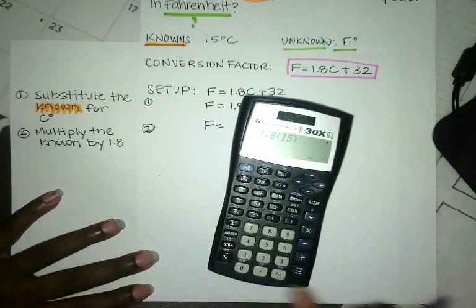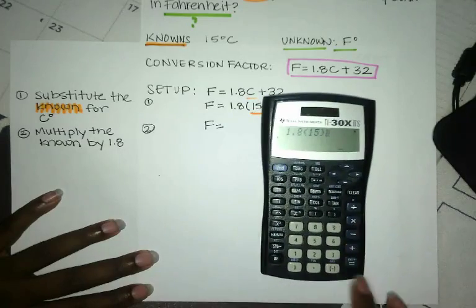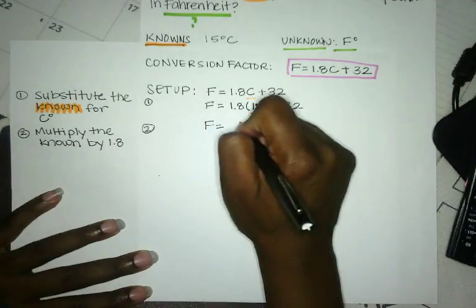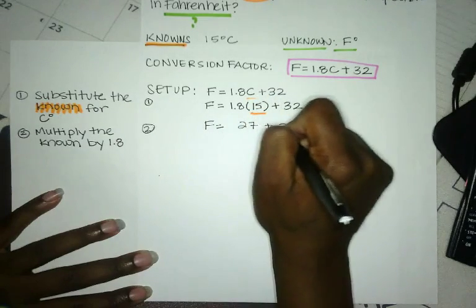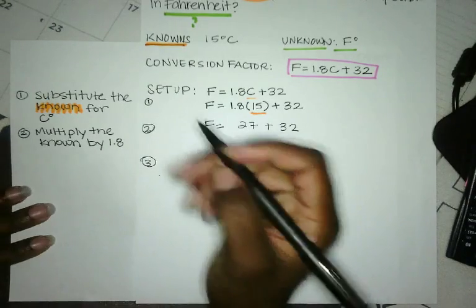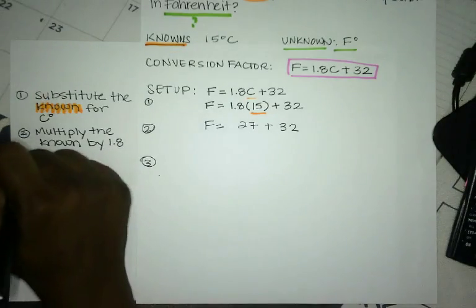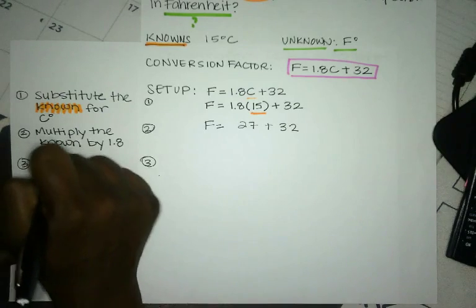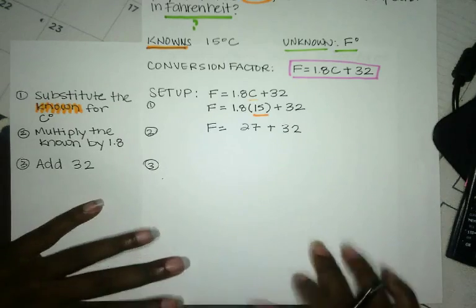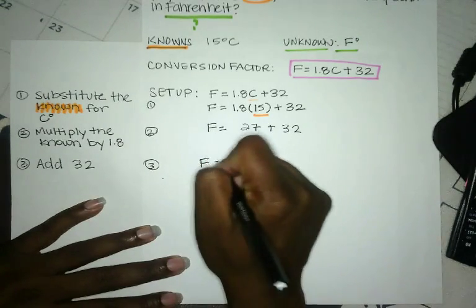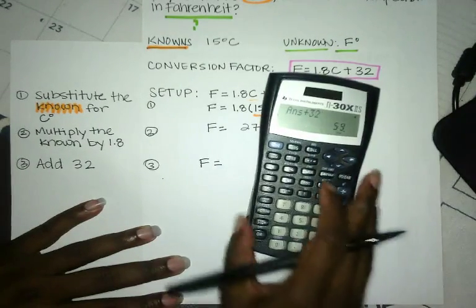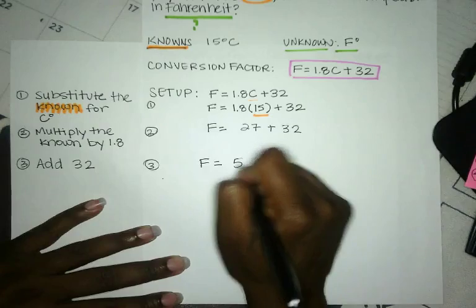Got to always double check and make sure that your numbers are right. And you get 27. So now I have 27 plus 32. And my third and final step is going to be to add 32. Okay, so that's going to be F is equal to 27 plus 32.